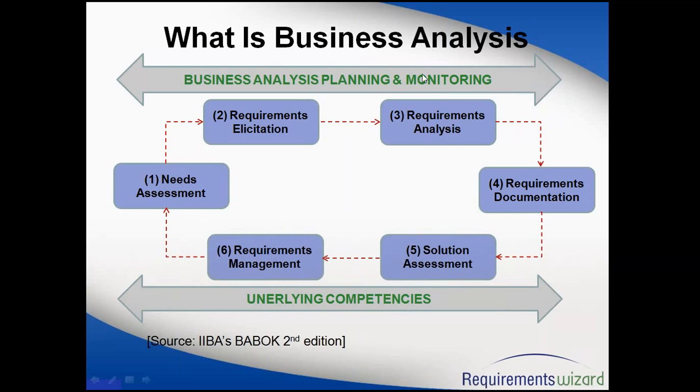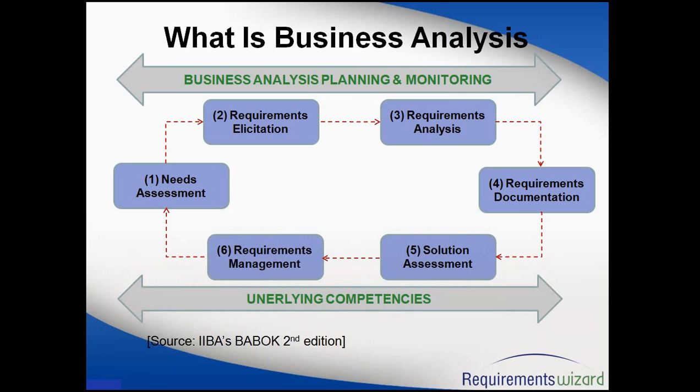Now, planning and monitoring is mainly done by a lead business analyst or the PM if you don't have a lead BA. So in this phase, you basically plan what activities you'll be doing from a requirements point of view, right? What we call the RMP, requirements management plan. The PM or the lead BA will come up with the RMP.